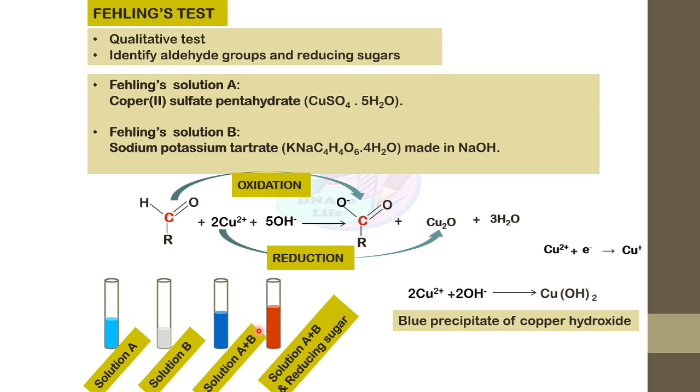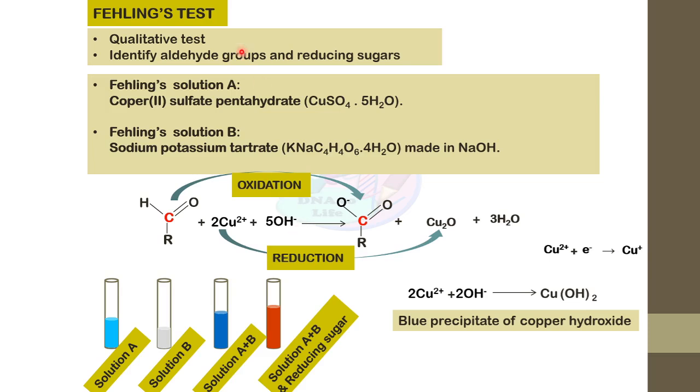After heating, if it changes color from blue to brick red, it suggests that reducing sugar is present in that solution. If it does not change its color, meaning after heating it still remains blue, there is no reducing sugar present. So this was the basic concept.